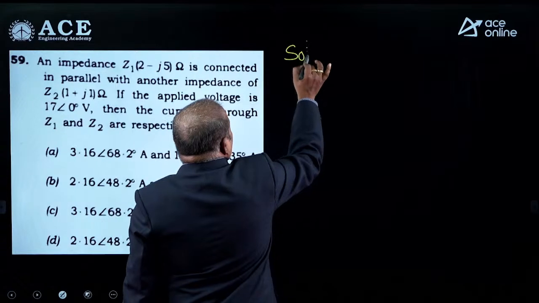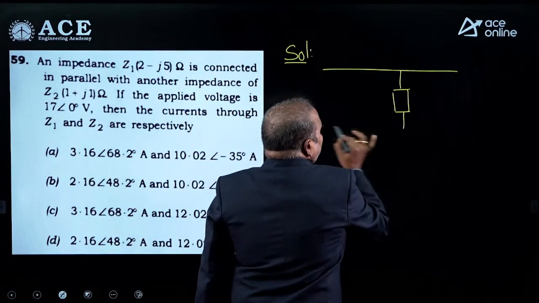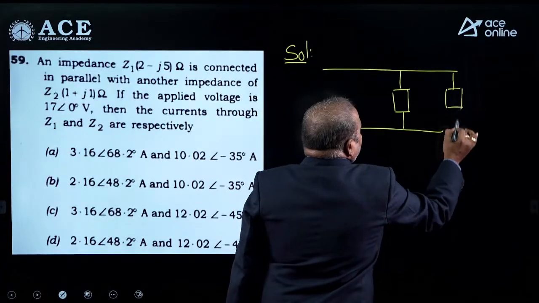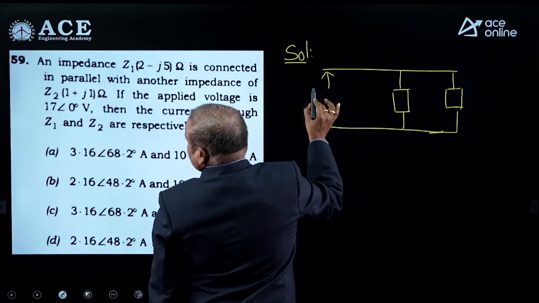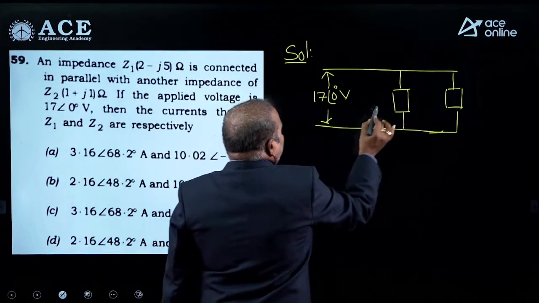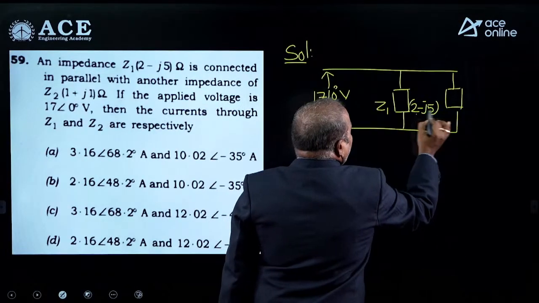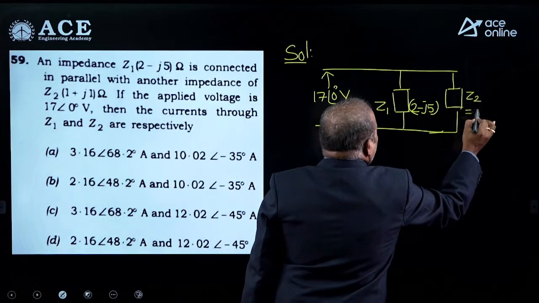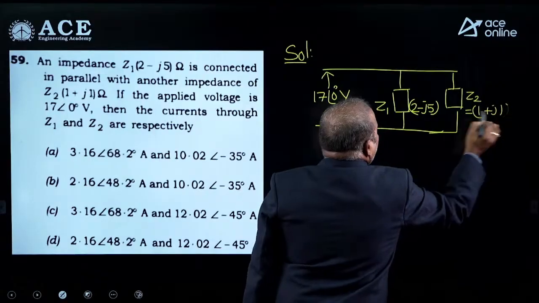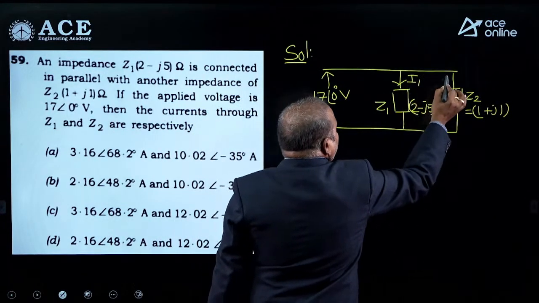It is a very simple AC circuit. Applied voltage is 17 at an angle 0 degrees volts, Z1 is equal to 2 minus J5 and Z2 is equal to 1 plus J1. Now the currents I1 and I2 are required.